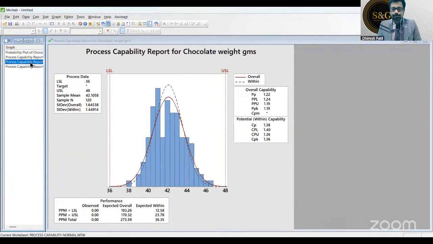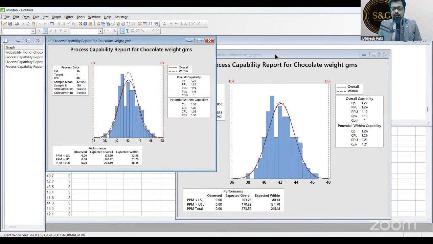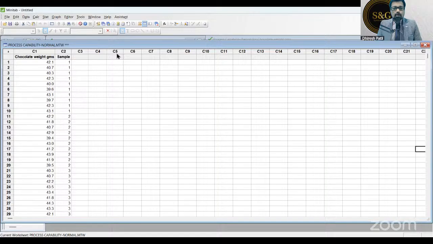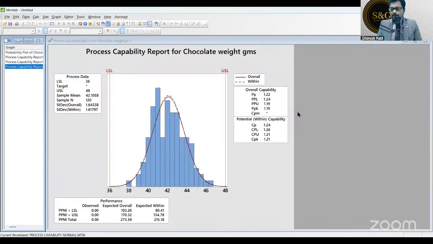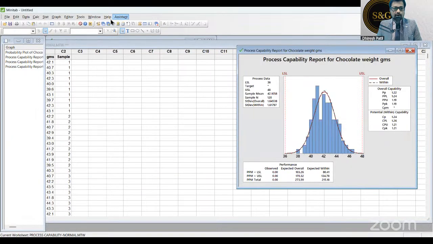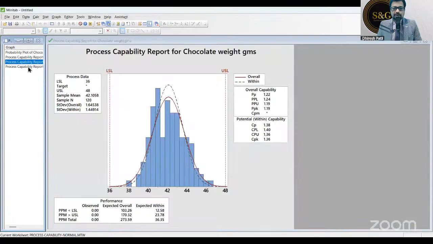So this is the 1.3 graph and this is the Cpk 1.2 graph which I have just plotted, and this one is the first one, 1.34.